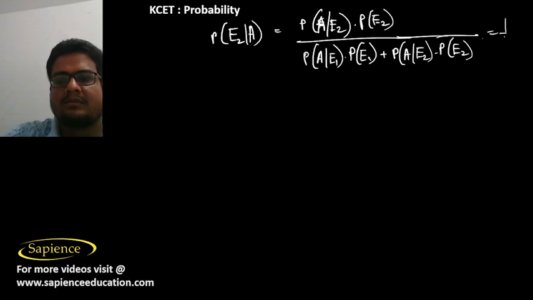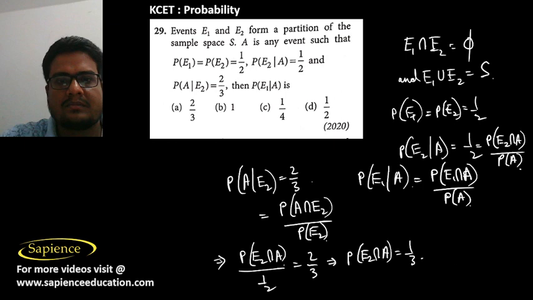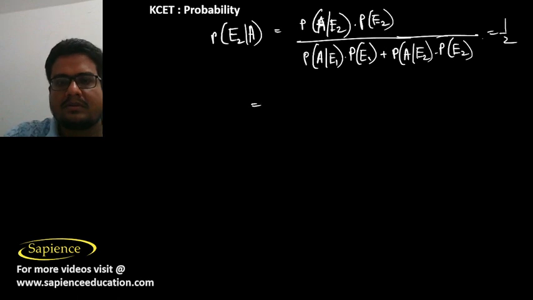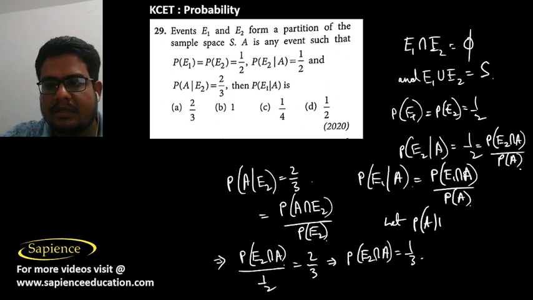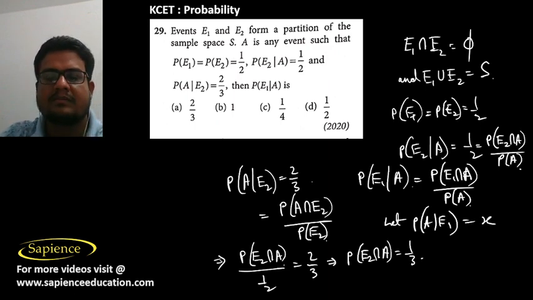That is equal to half. So P of A given E2 is 2 by 3. Let the value of P of A given E1 be some value x.